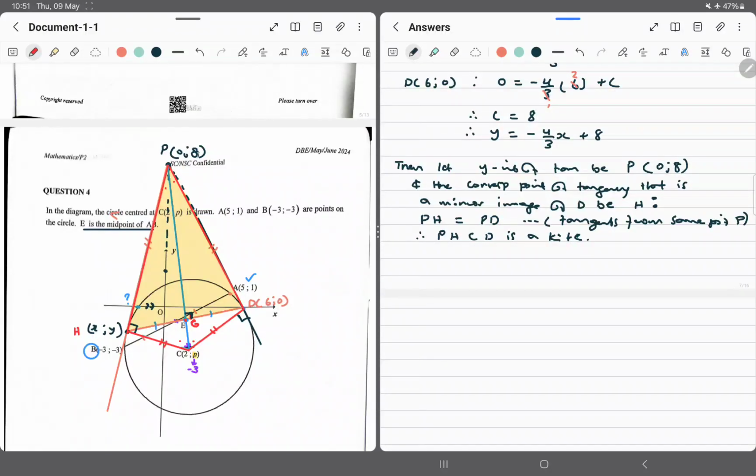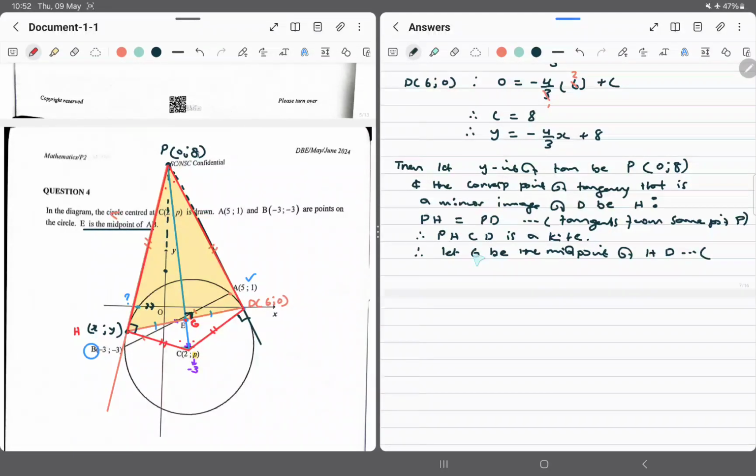Now, I cannot overly explain all of these things. We just stop there. If this is a kite, we know that we can use the properties of a kite instead of the perpendicular bisector of an isosceles triangle. If we said this is a kite, we can also say, therefore, let G be the midpoint of HD.